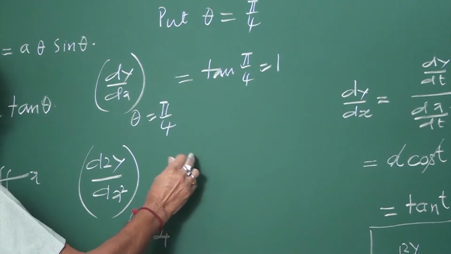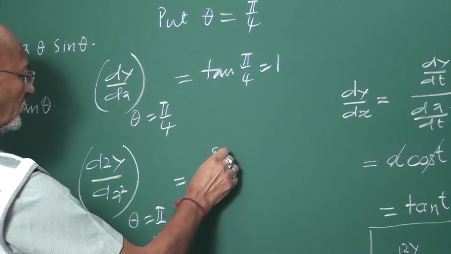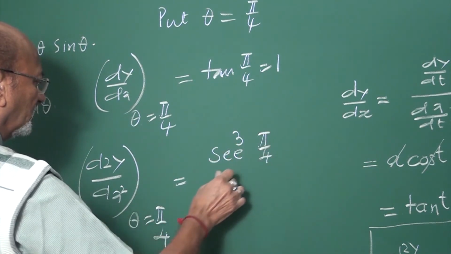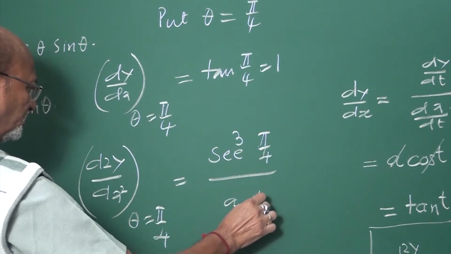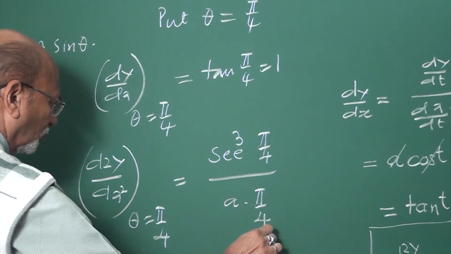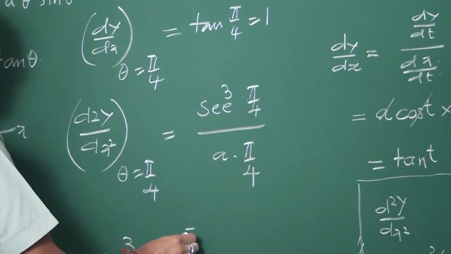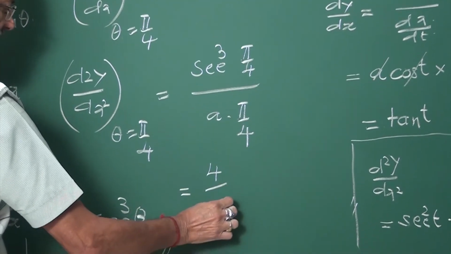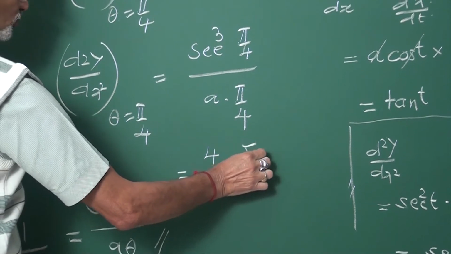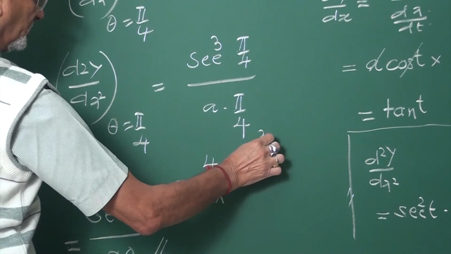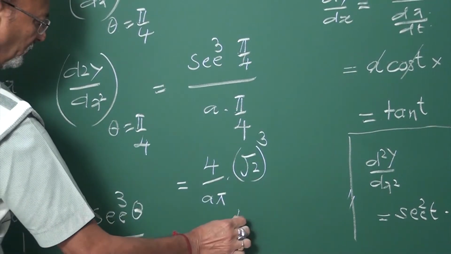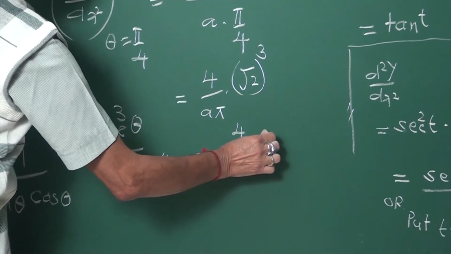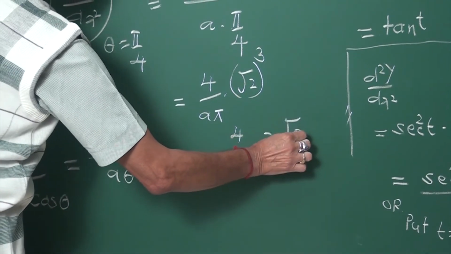Second, d2y by dx2 at theta equal to pi by 4. Yes, friend. What is this? Sec cube 45 in the numerator; denominator a into theta, which is pi by 4. Yes, my friend, this will jump to the numerator: 4 upon a pi, and it is root 2 to the power 3. Further simplifying, 4 upon a pi into 2 into root 2.